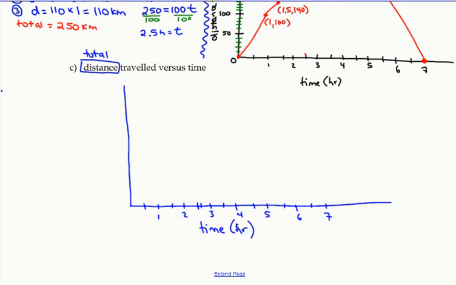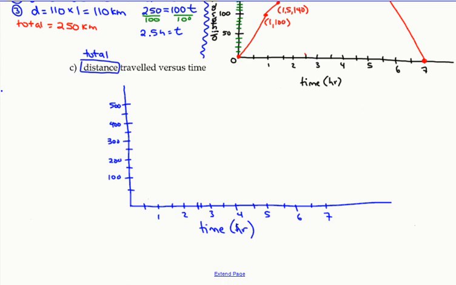So we have to go up to 500. So start by doing hundreds: 100, 2, 3, 4, 5, and then we can add in our 50s. We'll do a rough sketch.